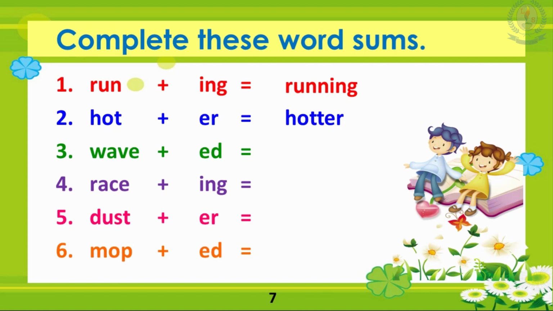Then how do you add ed to wave? Yes, you have to take off e and add ed, waved. Then how do you add ing to raise? Yes, you have to take off e, then add ing, raising.